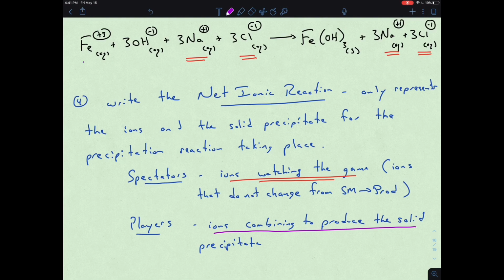That's our iron and our hydroxide to produce our solid material. That's where we see the actual change. So we have the idea of the players, and we have the idea of the spectators. Spectators are watching the game, players are playing the game.